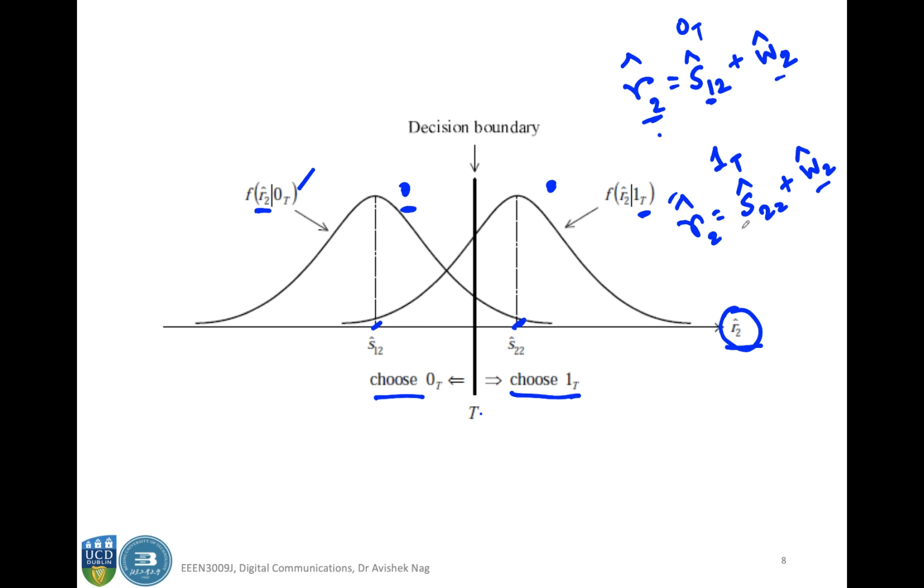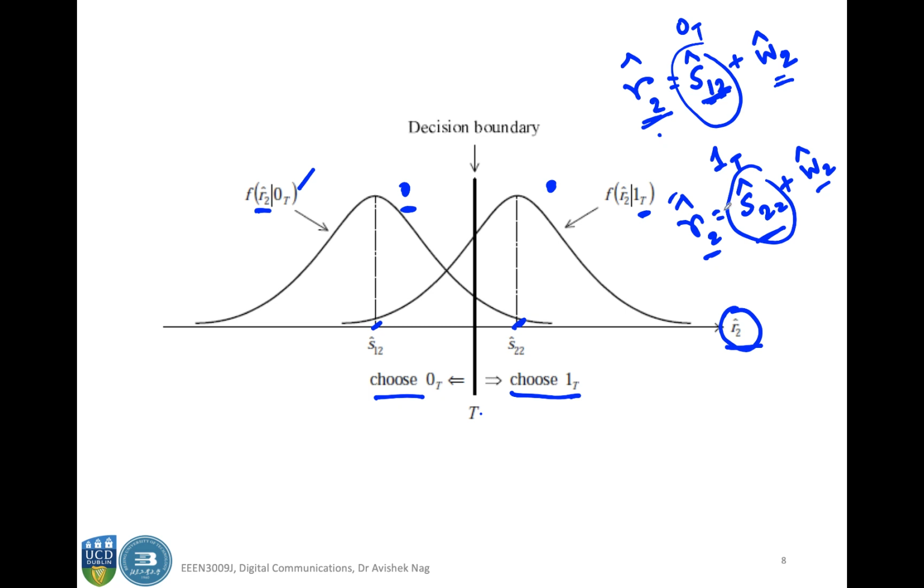We have already seen that the received signal component is also Gaussian, because the noise is Gaussian. The noise was zero mean, but since we are adding a fixed term to the noise in the form of these signals, the received signal will be Gaussian with these means.